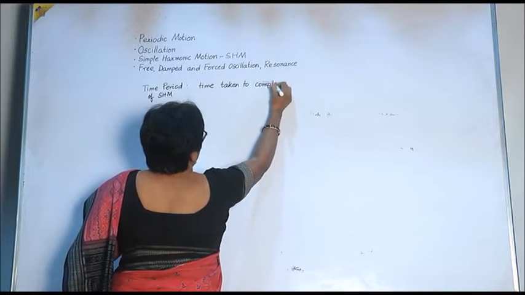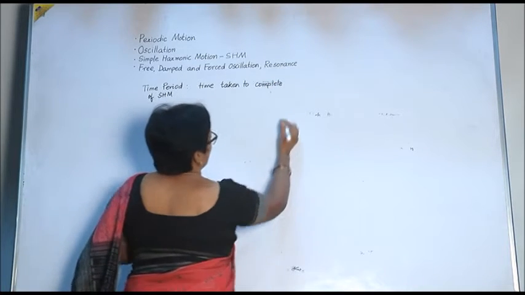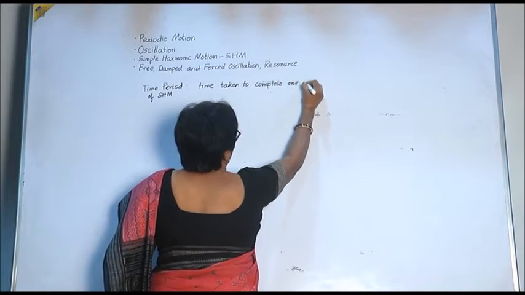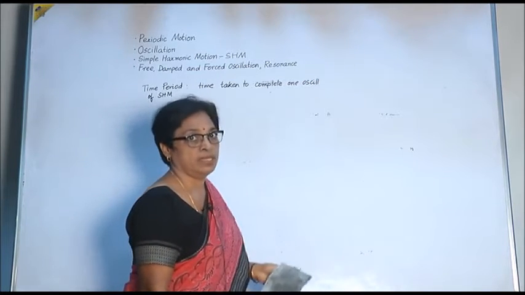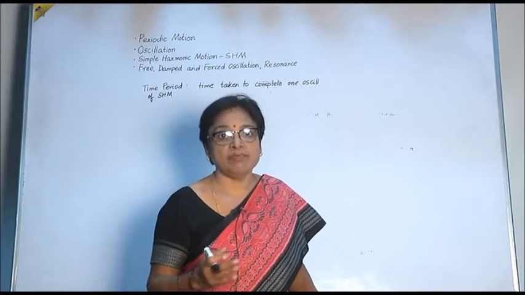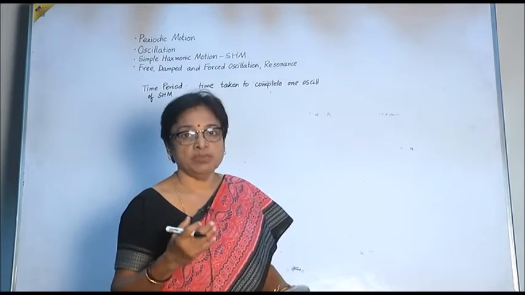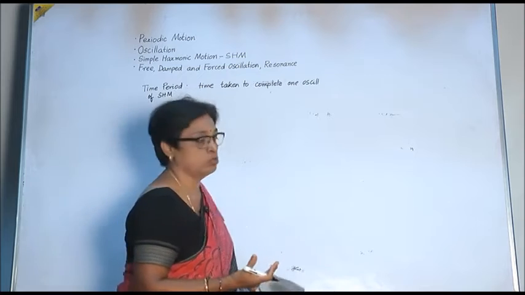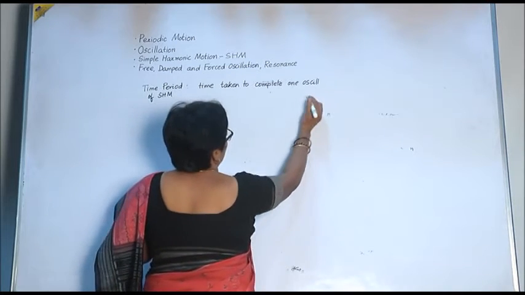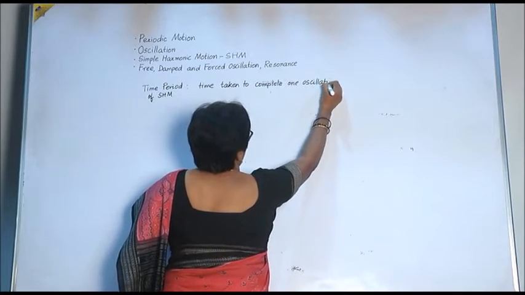I can say that it is the time taken to complete one oscillation because it is oscillatory. But in the periodic case, I said that it is the time after which it is repeated, because periodic motion is not necessarily oscillatory. Because this is oscillatory also, I am saying that it is the time taken to complete one oscillation.